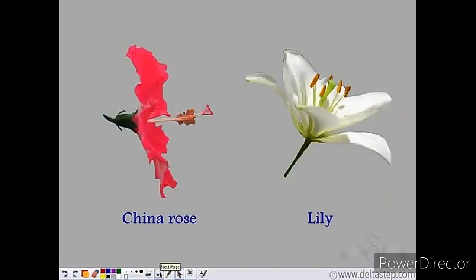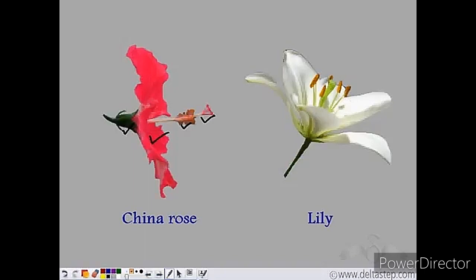See, this is a China rose and this is known as a lily flower. Now see, it has all the parts. It has calyx, corolla, androecium and gynoecium. Androecium and gynoecium remain fused in China rose, but all four whorls are present. Now let us see the lily. See, the sepals have taken a white color, and they seem just like petals.